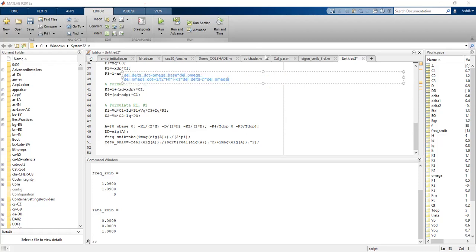It's pretty small. Is the font visible, the blue one? Yes, sir. Okay.